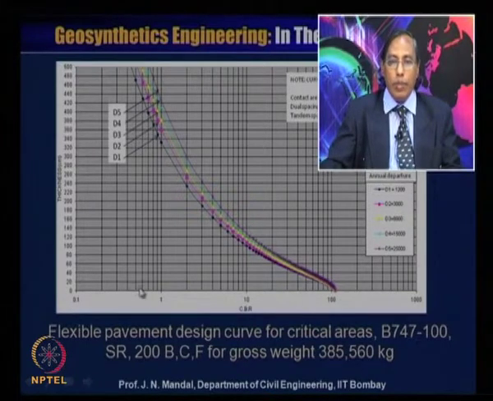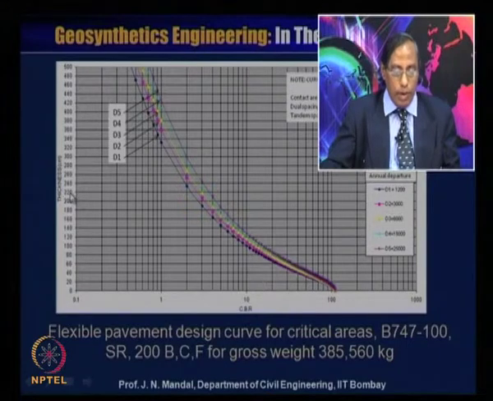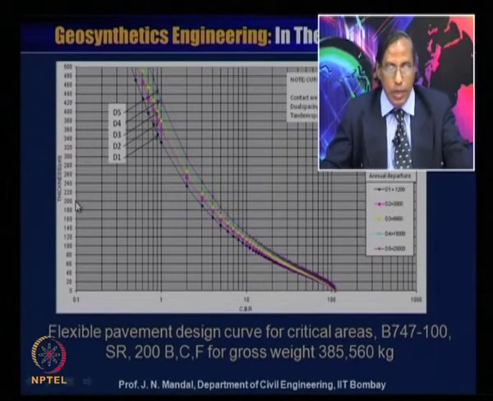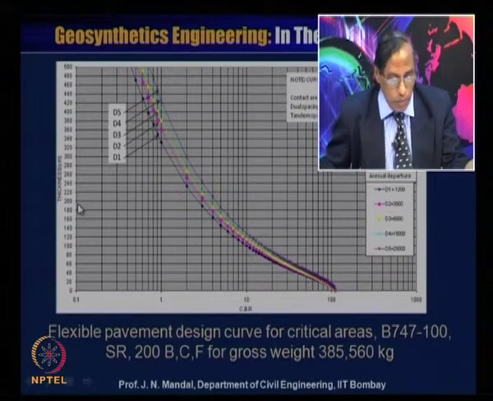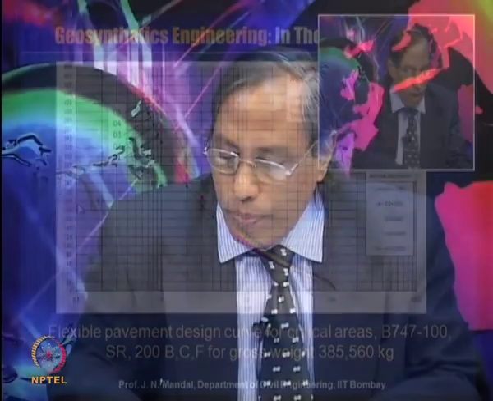When it is the reinforcement case, it will be 2 times, that means 2 will become 4, and then, knowing the departure D1 or D2, D3, D4, D5, correspondingly you can also calculate the thickness of the pavement with geosynthetic material. I am showing how you can use this chart.